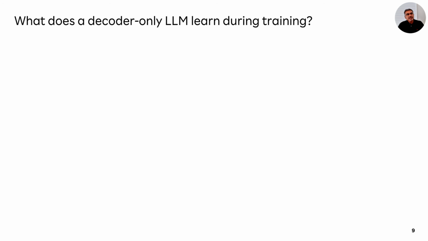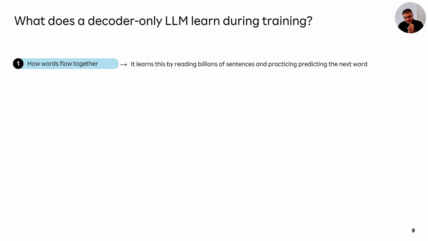Okay, but what exactly did the decoder-only LLM learn during this training? The first thing it learned is how words flow together. And how does it learn that? It learns that by reading billions of sentences, practicing predicting the next word. In fact, if you look at even humans, we don't just study grammar books to figure out how to construct sentences. In fact, we study grammar books after the fact.